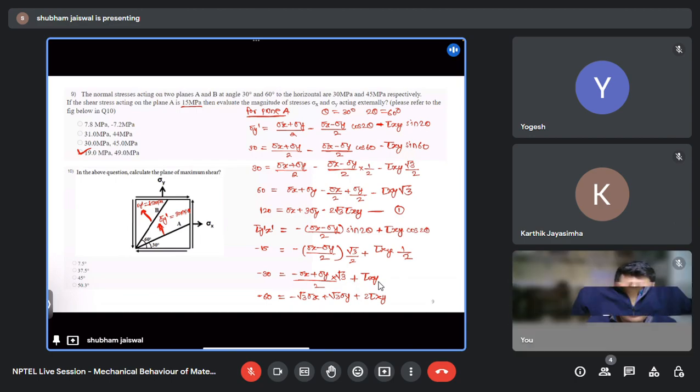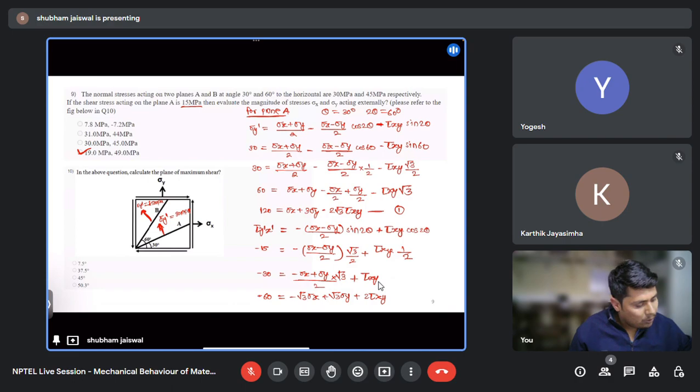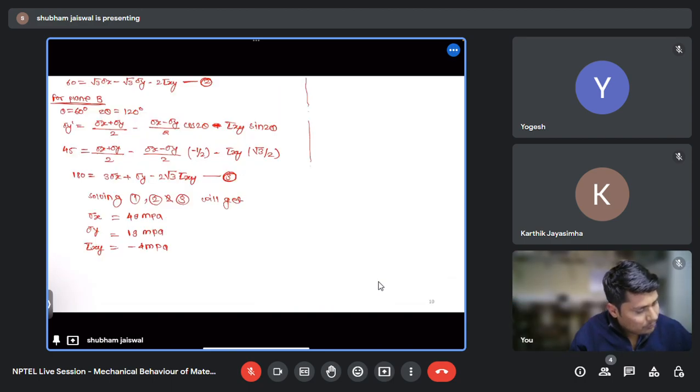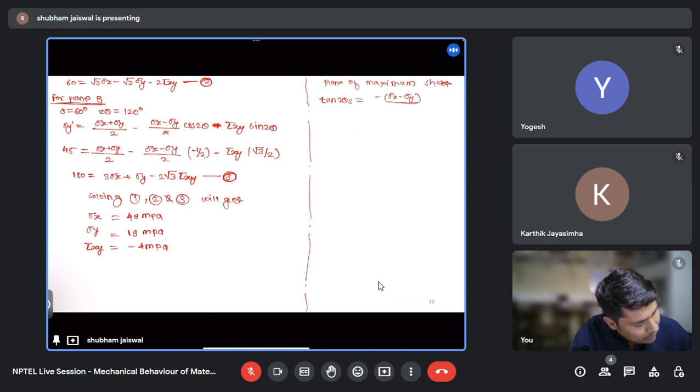Now the continuation of the 9th question is the 10th one. That is, in the above question, calculate the plane of maximum shear. So we know the plane of maximum shear is given by tan 2 theta s is equal to minus (sigma x minus sigma y) by 2 tau xy.